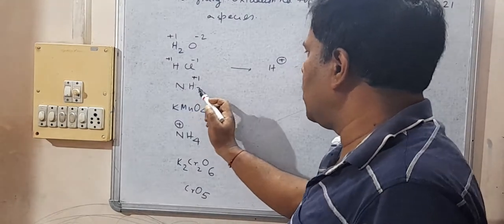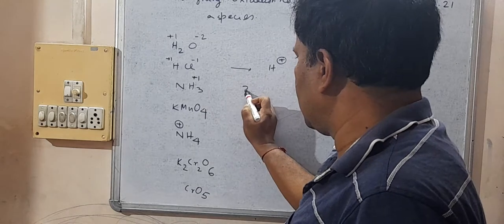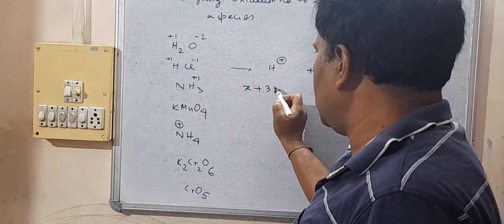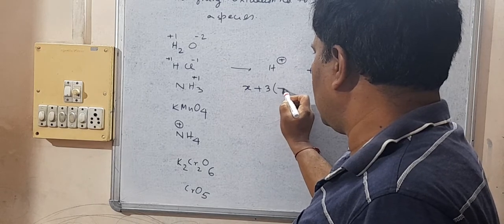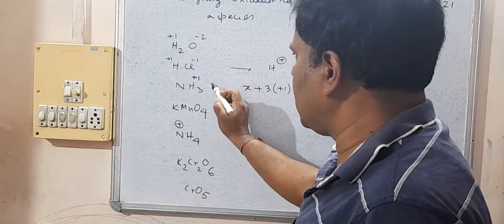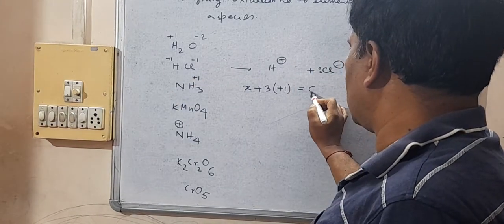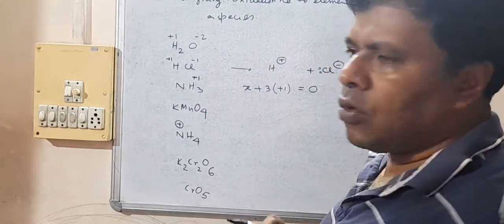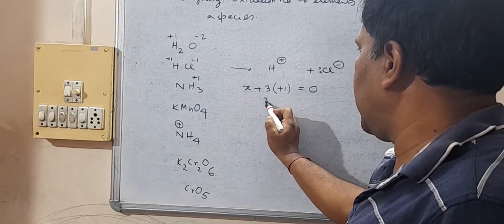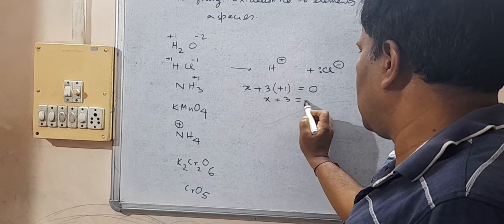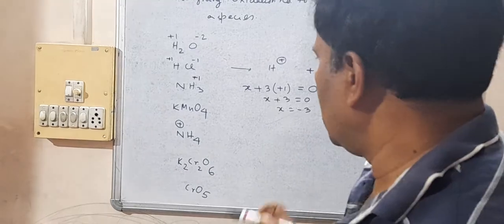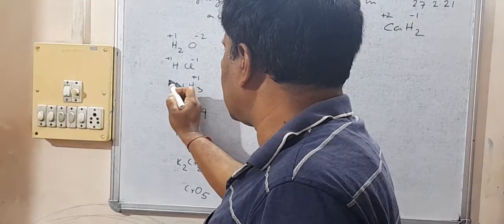Hydrogen we know, so let nitrogen be X. So X plus 3 into plus 1 equals, and since it is a molecule, the overall sum will be 0. So X plus 3 equals 0, so X will be minus 3. So the oxidation number of nitrogen here is minus 3.